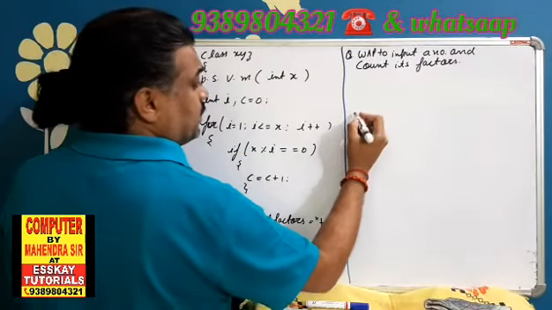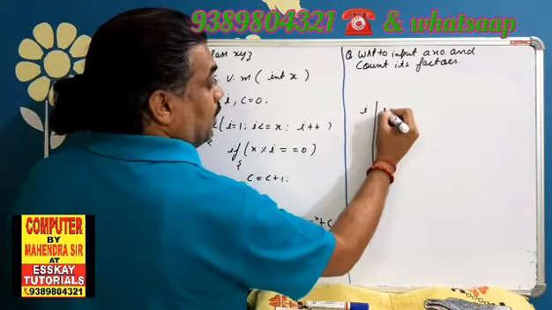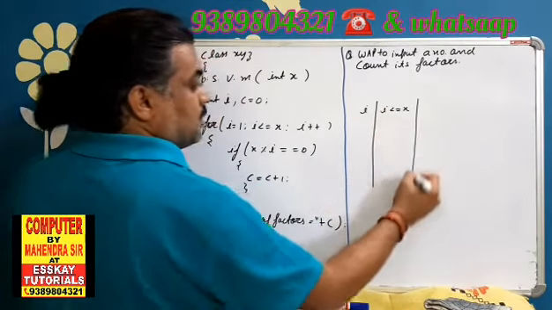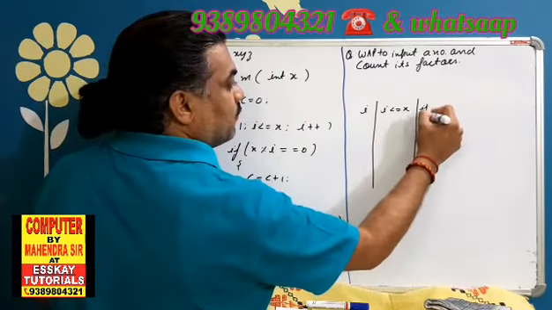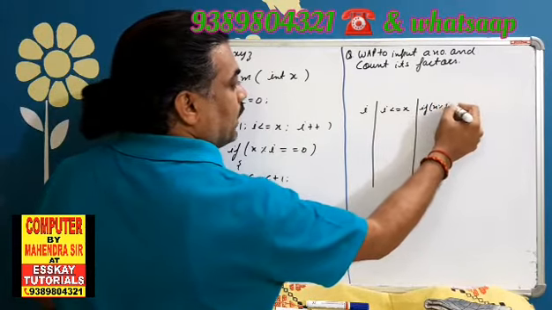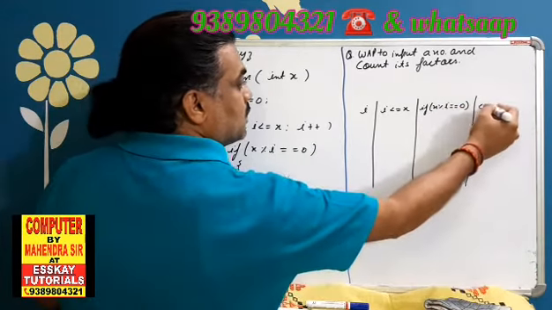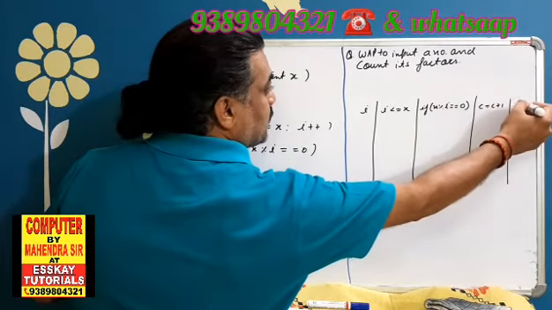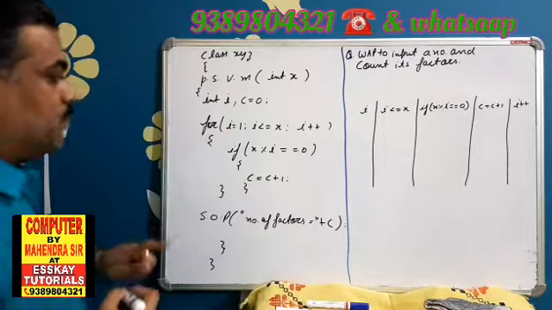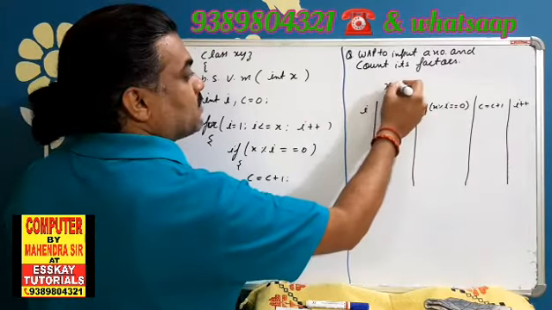We should always learn the dry run. I is less than equal to X. This step, then the body. If X mod I is equal to 0, C is equal to C plus 1 and I plus plus. Now, suppose X value is 4.